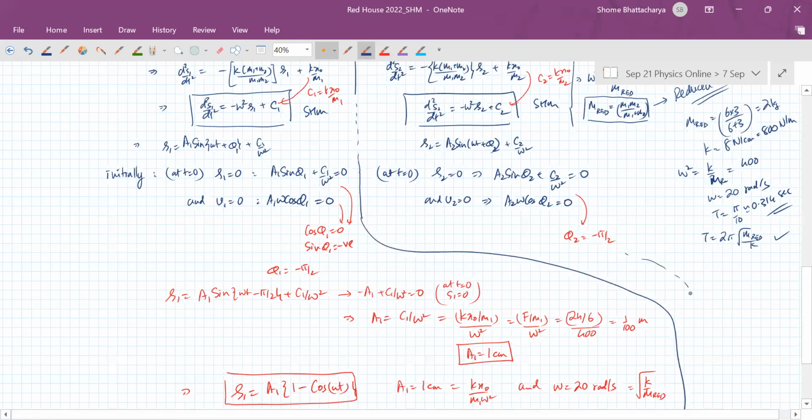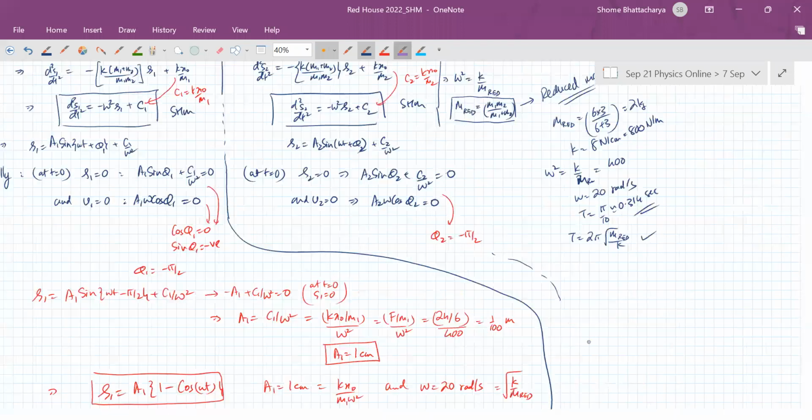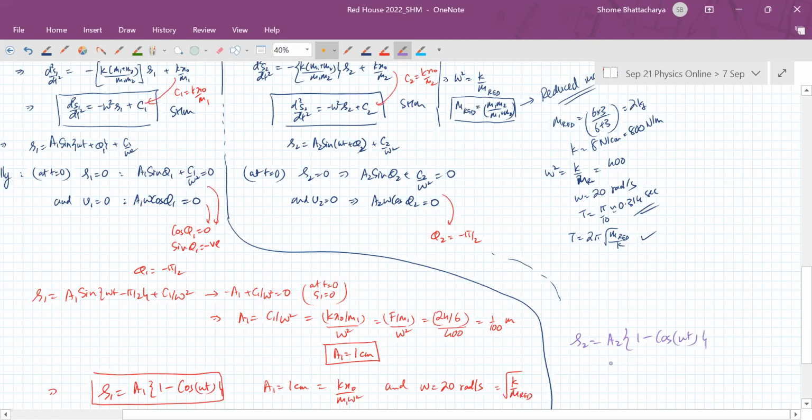So apply the same steps over here also and try to get this equation which I'm writing. You should be getting S2, the displacement of the second one, as A2 into 1 minus cos omega t, where A2 will come out to be C2 by omega square, or Kx0 by M2 omega square, which will come out to be 2 centimeters.